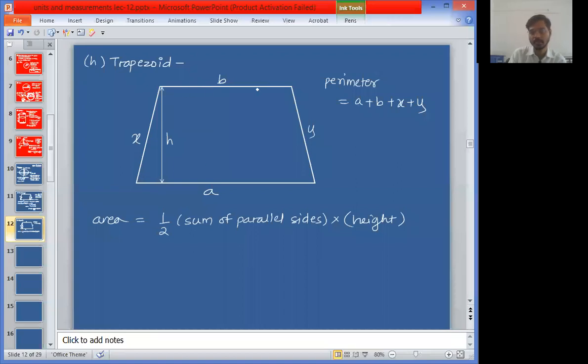Height means distance between parallel sides, or you can say 1/2 sum of parallel sides multiplied by distance between them.